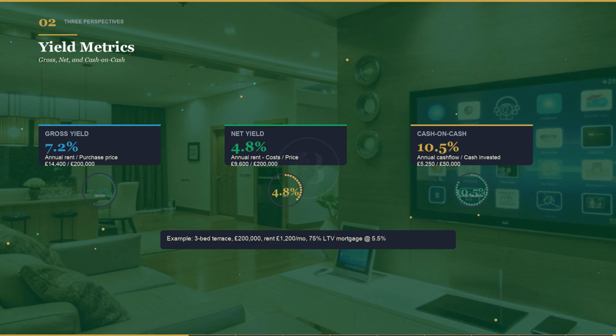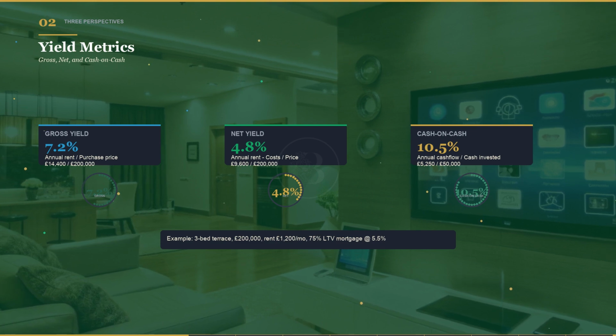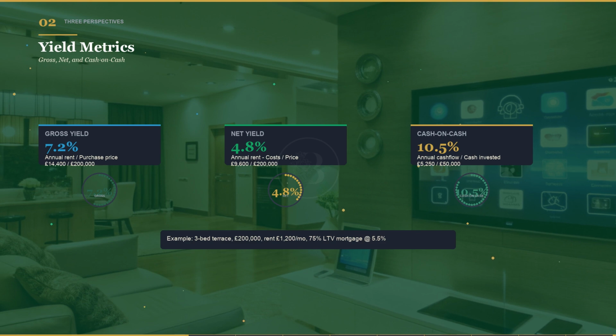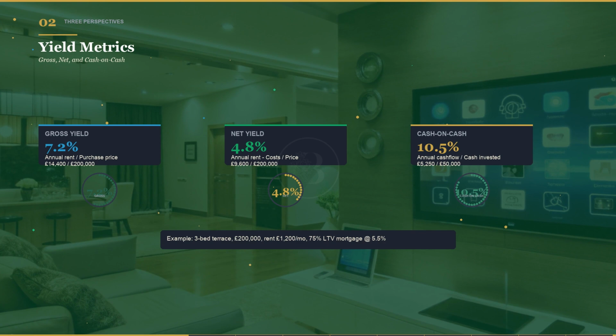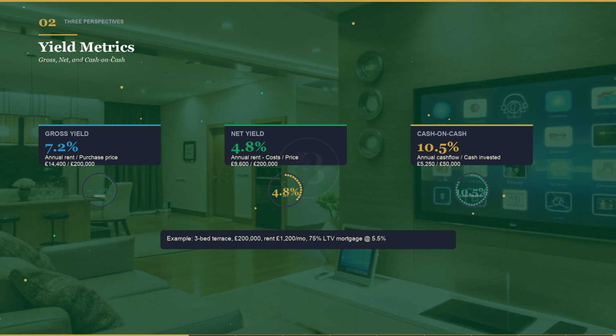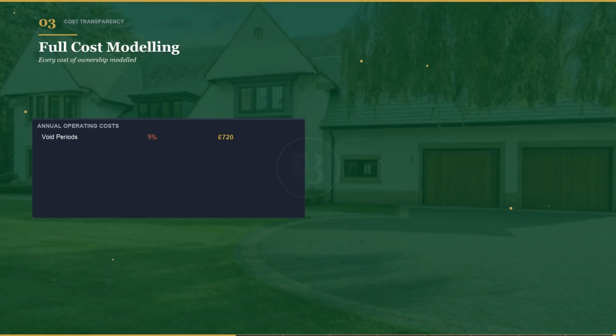This is your true operating return. Cash-on-cash return goes further still. It divides annual cash flow after all costs including mortgage payments by the total cash you actually invested, deposit, stamp duty, legal fees, and refurbishment. Three metrics, three perspectives, one complete picture.